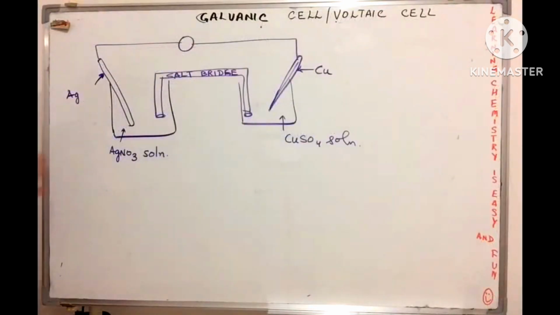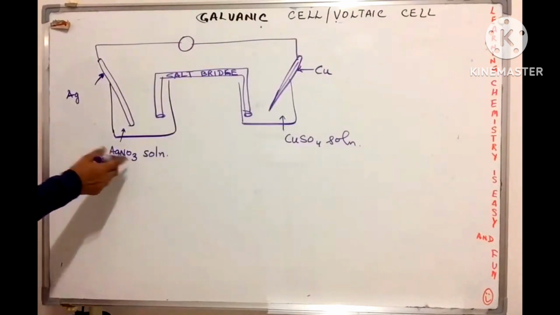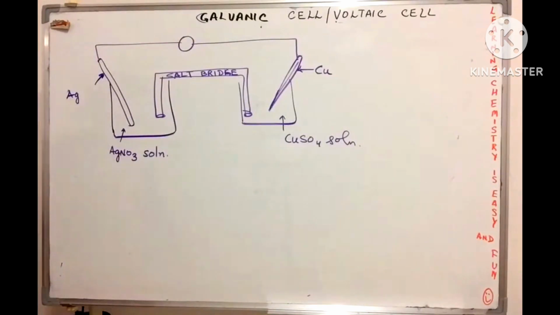Now I am giving you a quiz question over here. It's actually very simple, and try to base the answer on the knowledge that you have acquired in your previous classes. So what I've done over here is I've changed the zinc rod to silver rod. So let's suppose we have a setup where we've got silver dipping in a solution of silver ions. So we've got silver in contact with silver ions in the form of silver nitrate solution.